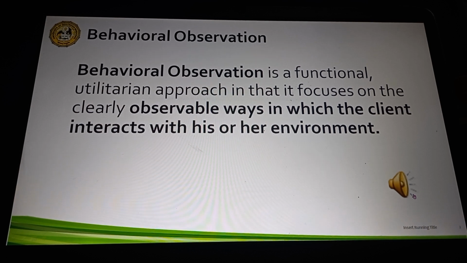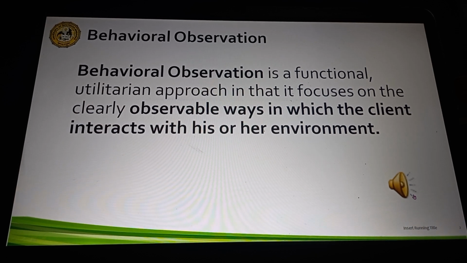Also, behavioral observation may be conducted by a psychodiagnostician or also by other individuals in a client's life, like for example, parents, teachers, spouses, or caregivers, or even by the client themselves through self-monitoring.